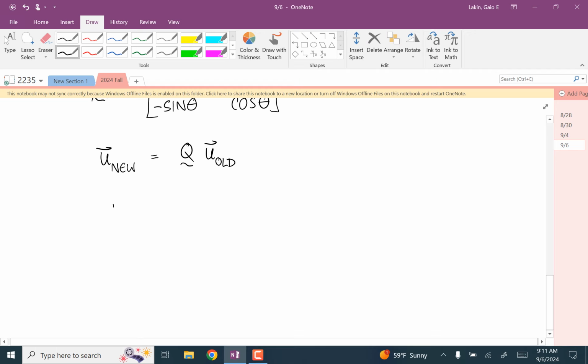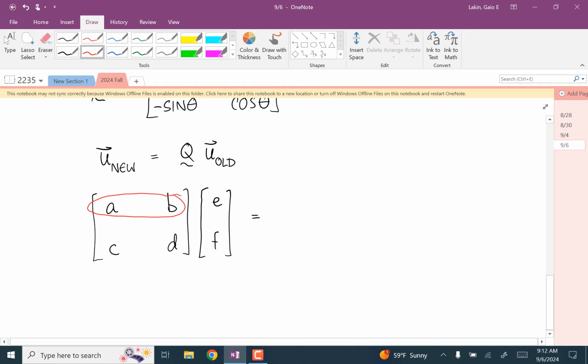Here's how it works. So if you have A, B, C, D multiplied by E, F, the vector you get out, you can think of it as a series of dot products. First, it's the dot product between this row and this vector. And so that comes out to be AE plus BF.